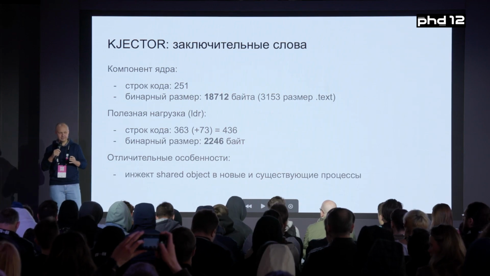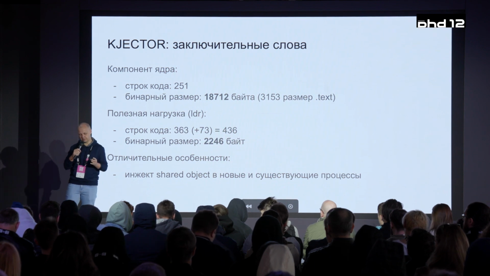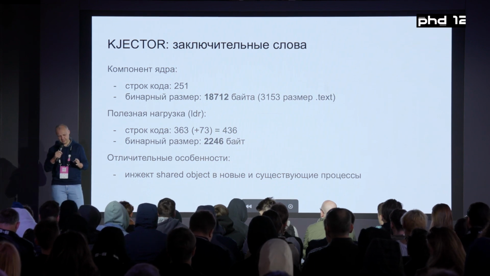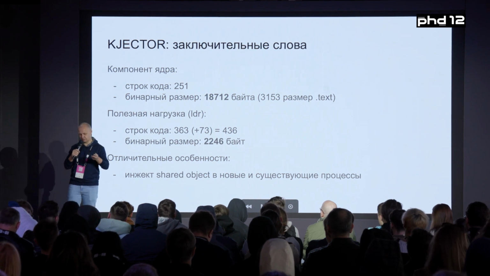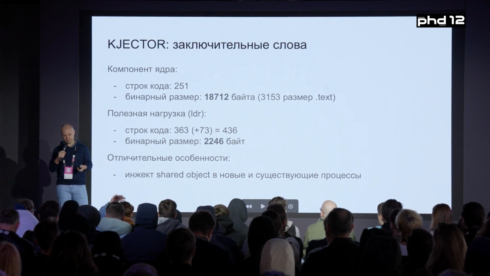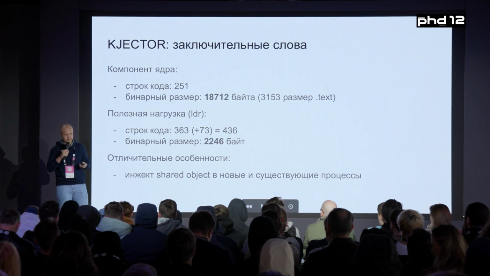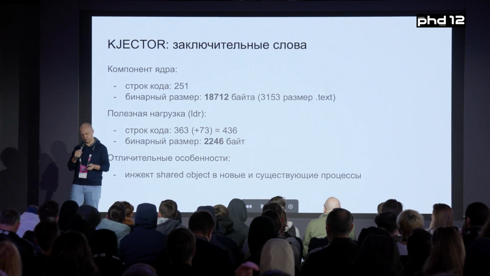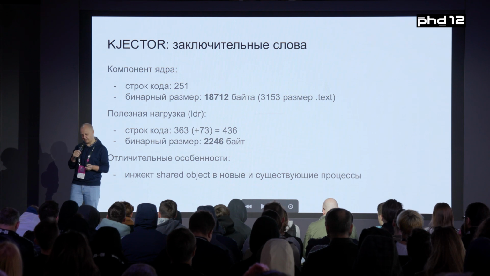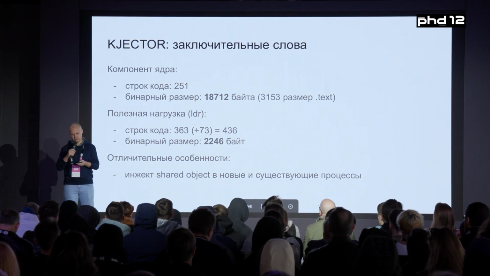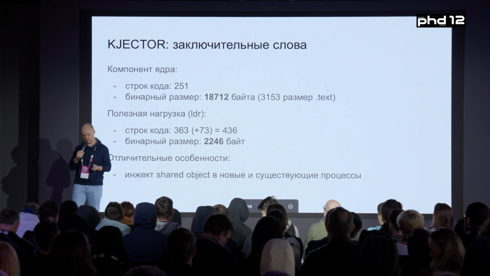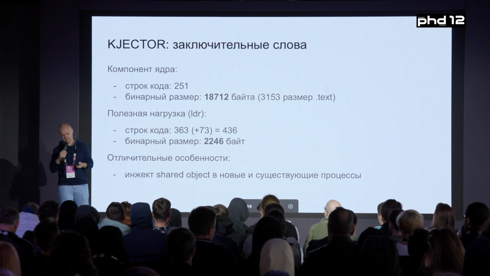Now the statistics. I'm not counting khook because it's an external component. The kernel component itself was 251 lines of code long. The binary size is 18,000 bytes, including text of 3,000 bytes, so the code itself is not long.